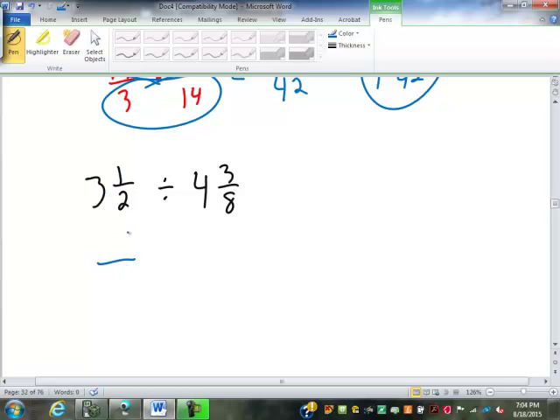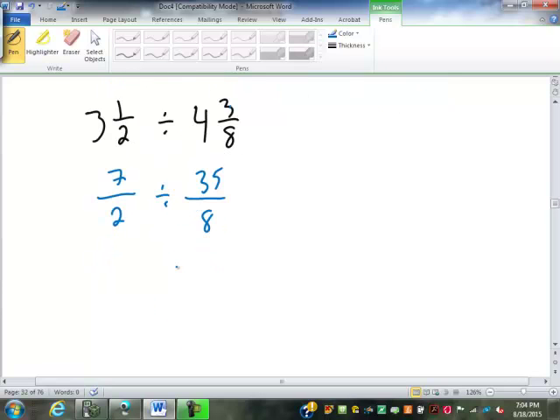2 times 3 plus 1 is 7 halves. Perfect. Okay, 8 times 4 plus 3 is 35/8. This is still division, right? What do we have to do next? Okay, the 7 halves, the number we're starting with doesn't change.